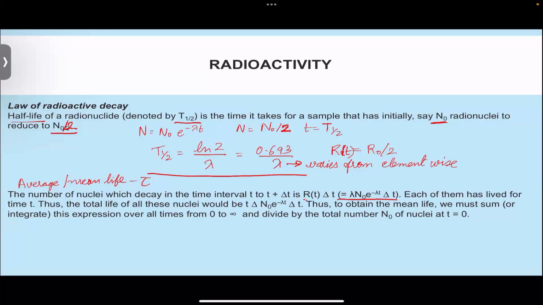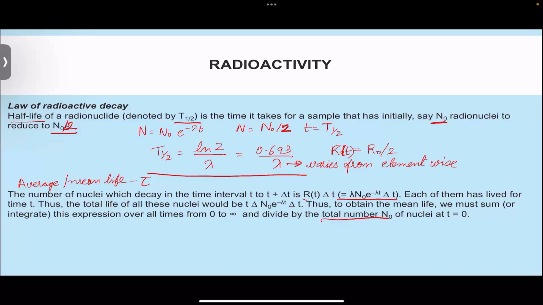To understand the mean life, we have to integrate the expression from 0 to infinity and then divide by the total number n0 of nuclei at time t0.